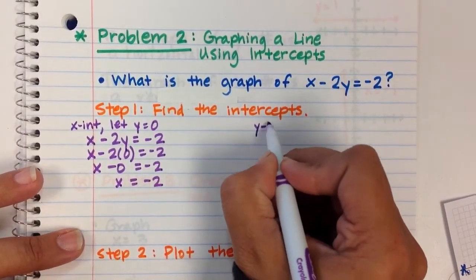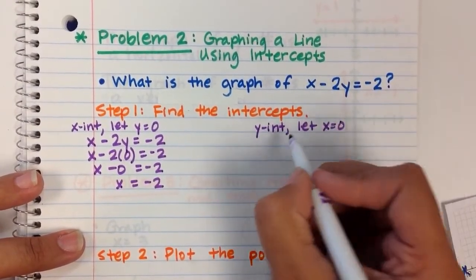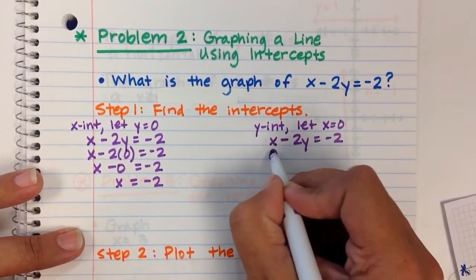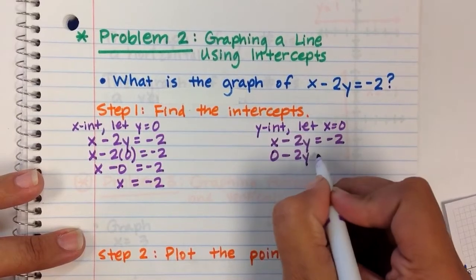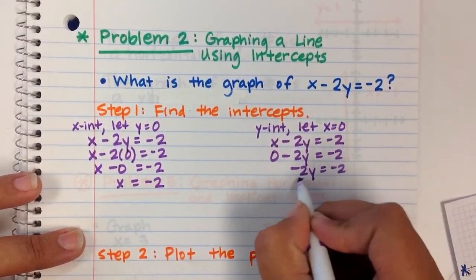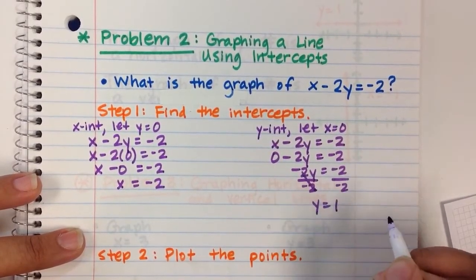Then to find the y-intercept, I'm going to let x equal 0. I'm going to use that same equation and put 0 in for x. So I've got negative 2y is equal to negative 2. Divide by negative 2, so y is equal to 1.